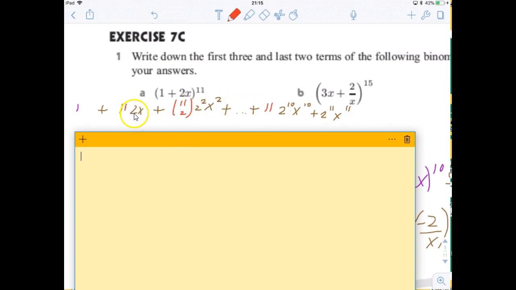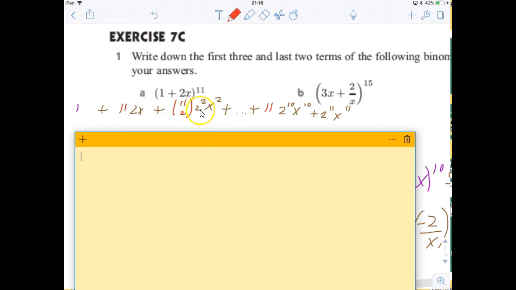I wrote them in different colors so you can see that they were different numbers. So this is 11 times 2. I should put a dot here or maybe parentheses, but I just wanted to show the pattern using different colors. The red is the Pascal's triangle coefficient, and the brown is the b term to a certain power.